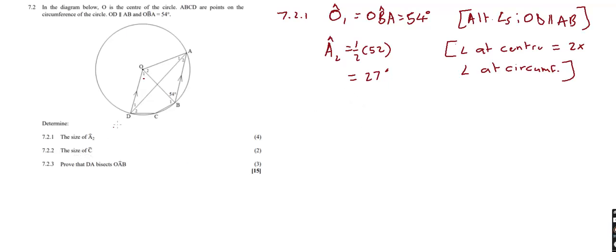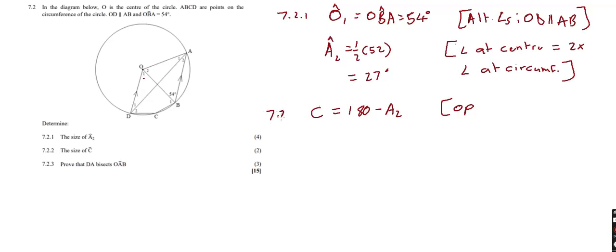So C, like I said, ADCB is a cyclic quad, or ABCD is a cyclic quad. So C is equal to 180 minus A2 because of the opposite angles of a cyclic quadrilateral.